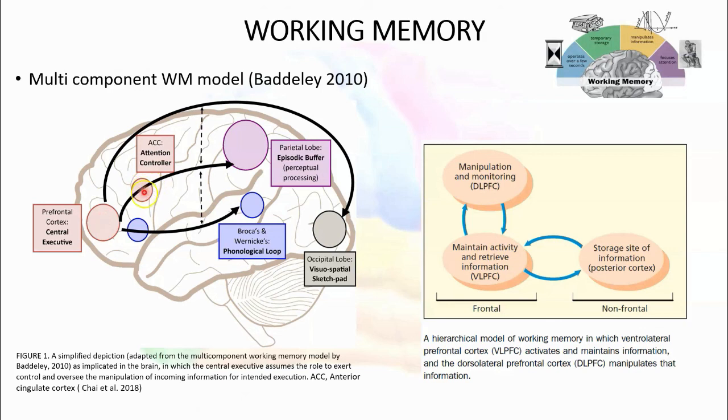The anterior cingulate cortex has been shown to act as an attention controller that evaluates the need for adjustment and adaptation of received information based on task demand. The parietal cortex has been regarded as the workspace, the episodic buffer for sensory or perceptual processing.